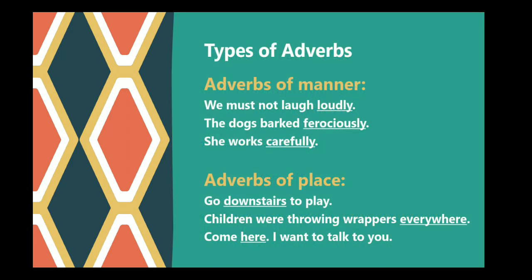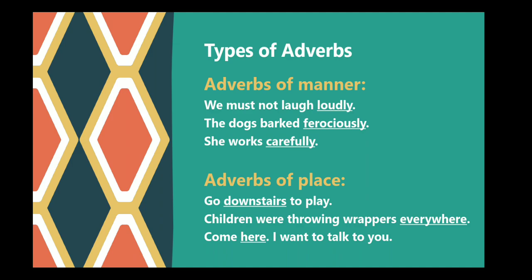There are different types of adverbs. Adverbs of manner. We must not laugh loudly. The dogs barked ferociously. She works carefully. All of these adverbs tell us how, in what way, in what manner the actions happened.